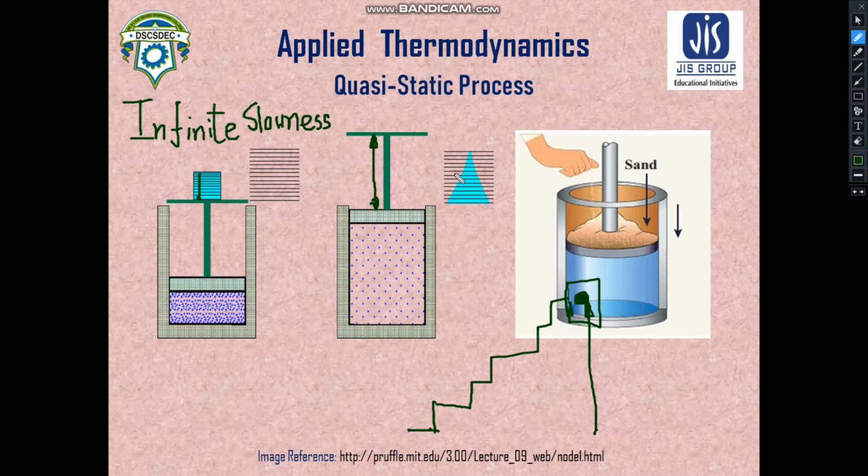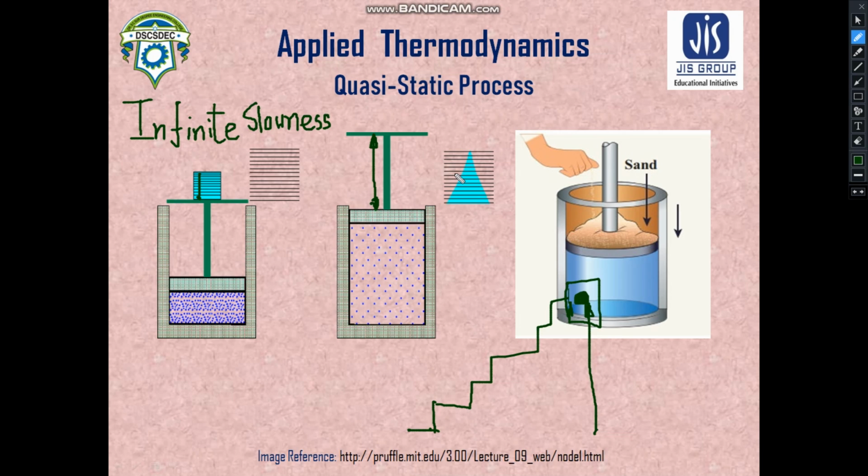But in practical cases, processes don't follow this quasi-static manner. The changes are very rapid, but for the sake of our analysis, for the sake of continuous plotting of the states, and for generating thermodynamic curves and paths, we treat all processes as quasi-static. You have to remember this is nothing but assumptions. There are two basic assumptions here.